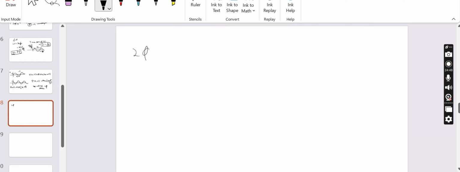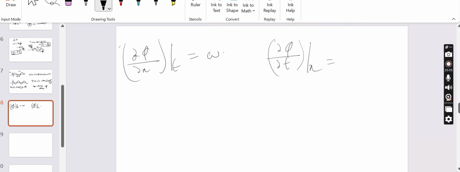So if we take the partial derivative of the phase at constant t, we get omega, and if we take the partial derivative of the phase at constant x, we get k. Phase velocity is del x by del t.